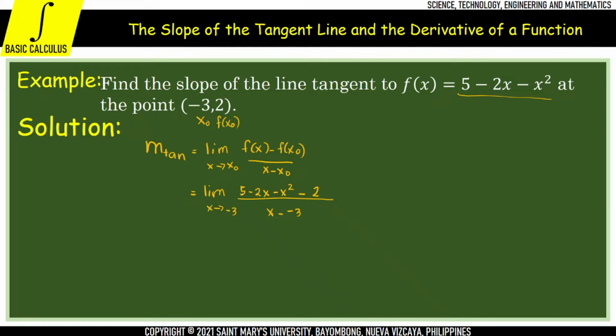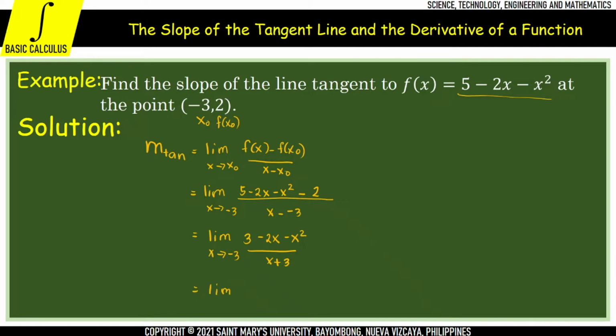Next, we can now combine constants in the numerator, that is the limit of 5 minus 2 which is equal to 3 minus 2x minus x squared all over x. Change your operation but change the sign of the subtrahend, which becomes x plus 3 as x approaches negative 3.